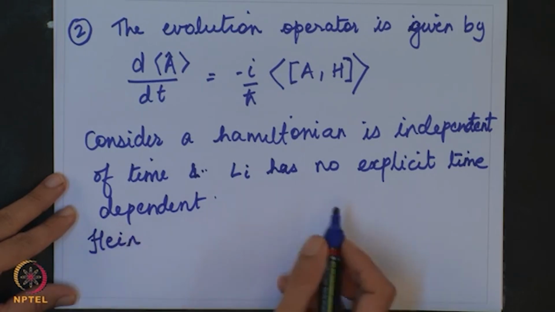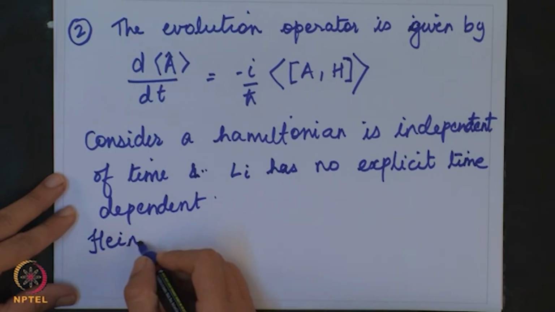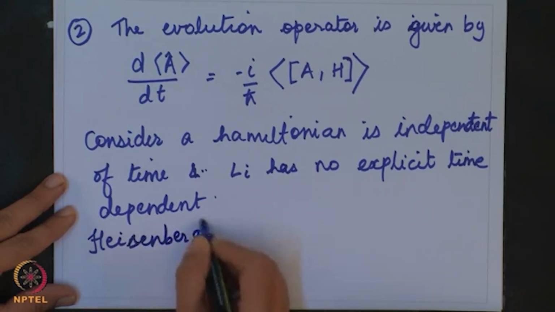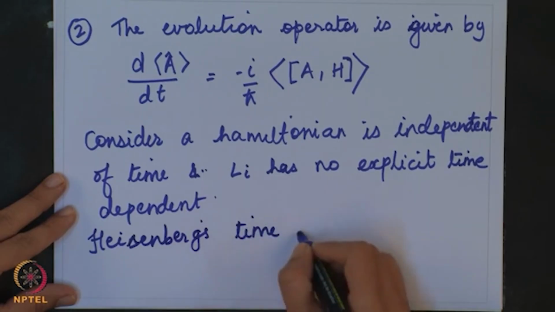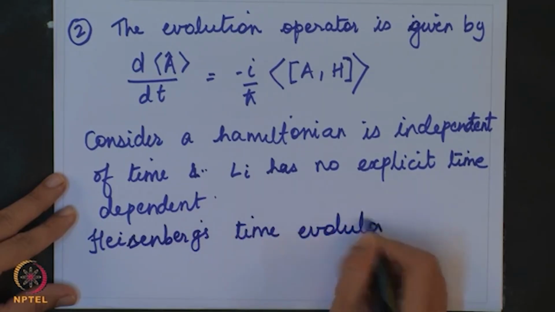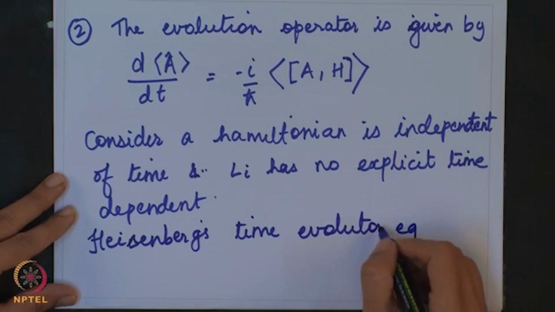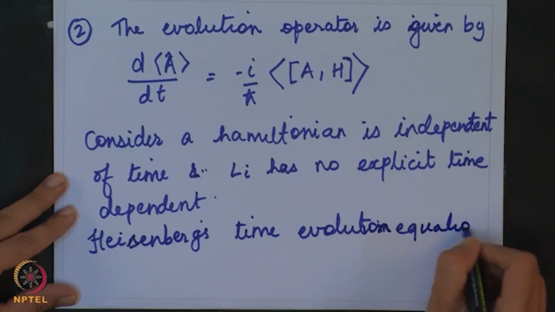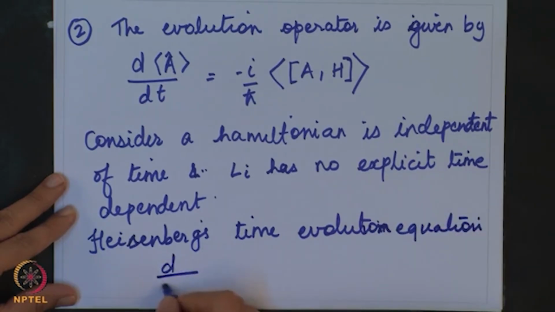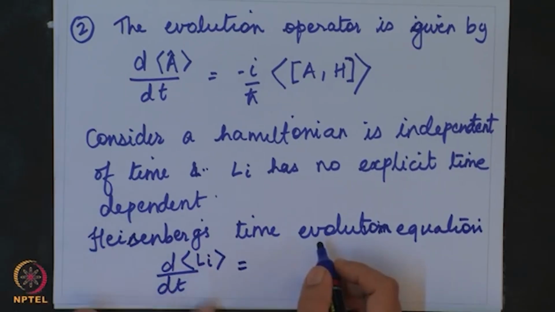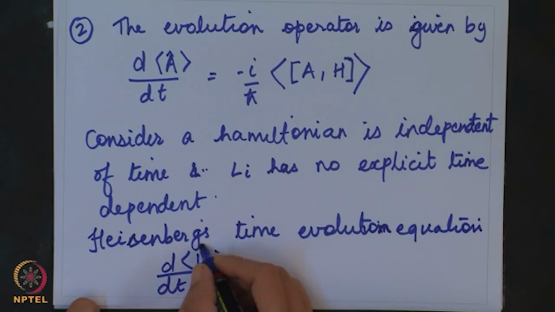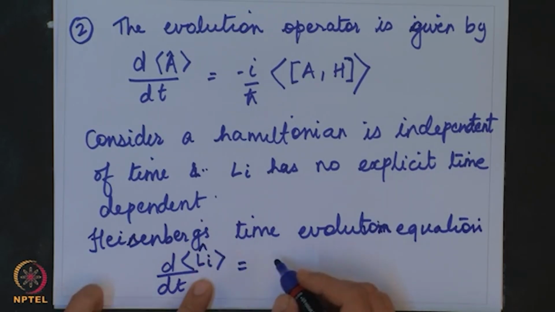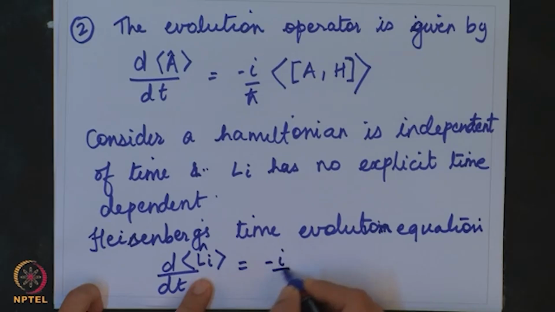Now I will write for the case of L_i. So, the Heisenberg time evolution equation is given by, for L_i, that is one of the components of the angular momentum operator L_i.